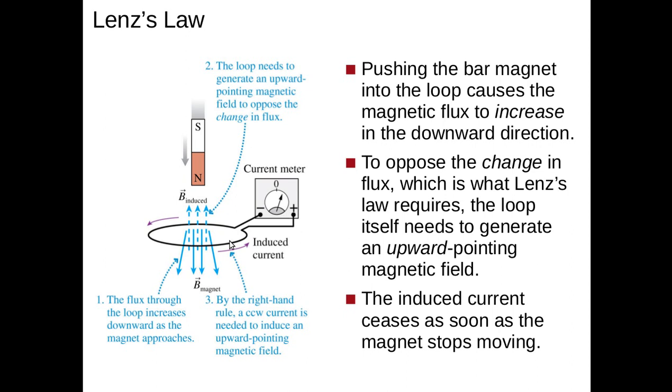It deflects in the direction of the conventional current. So the current's going around the loop, comes through this wire into the current meter like that. We've got a deflection. So that's Lenz's law. We're going to go through a couple examples where the magnetic field changes direction, right? We'll use our right-hand rule and find the direction of the induced current.